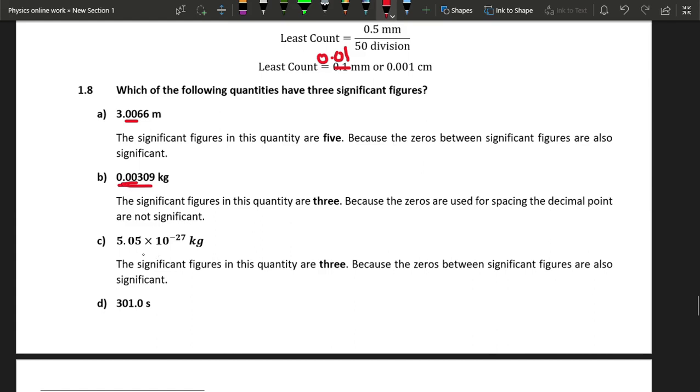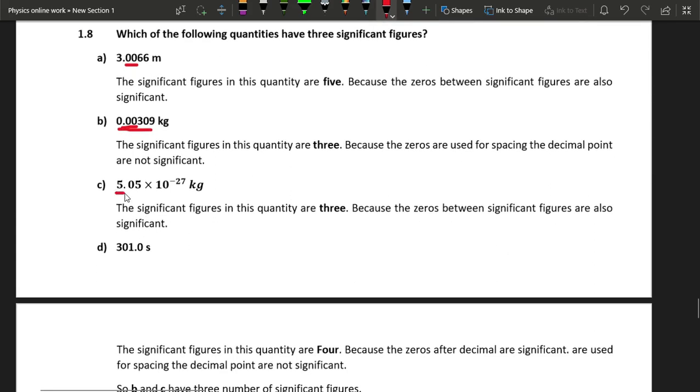Similarly, this expression also has 3 significant figures, because the digits are multiplied by a power of 10, and these are the significant figures. So this value has 3 significant figures.